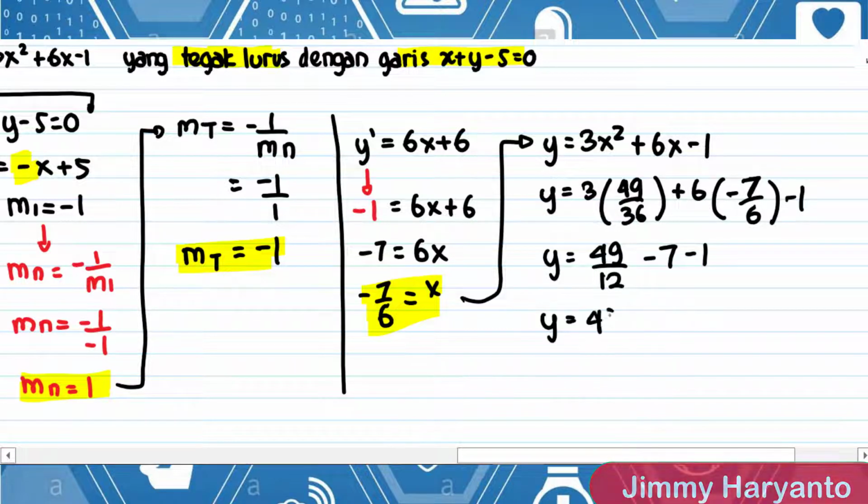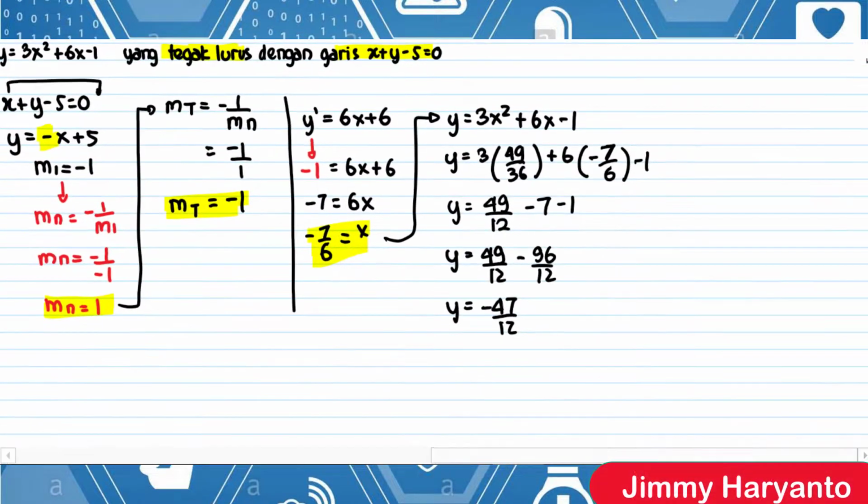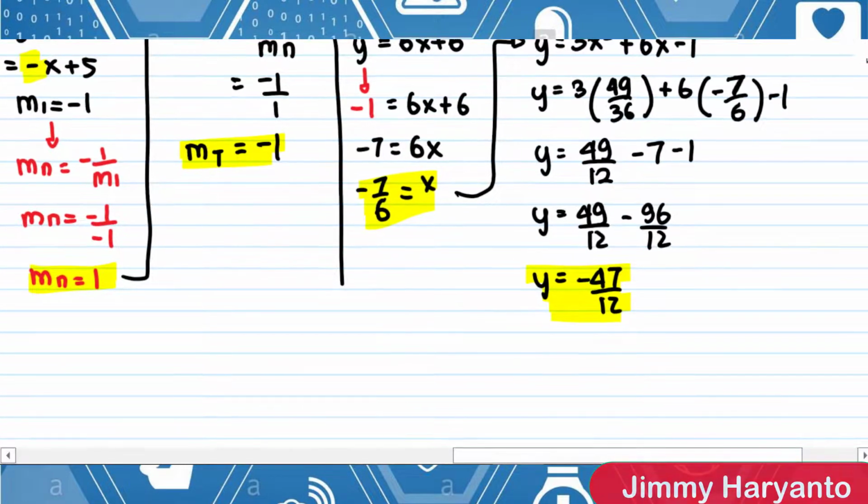That means 49 over 12 minus 8. And the 8 means 96 over 12. I guess negative how much? Negative 47 over 12. Okay. Bad numbers.